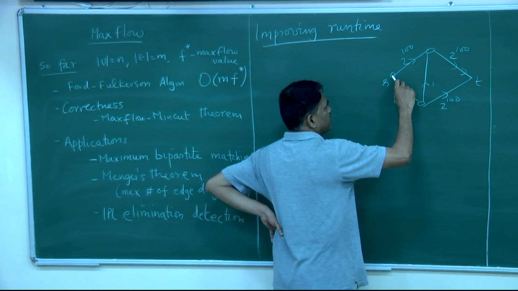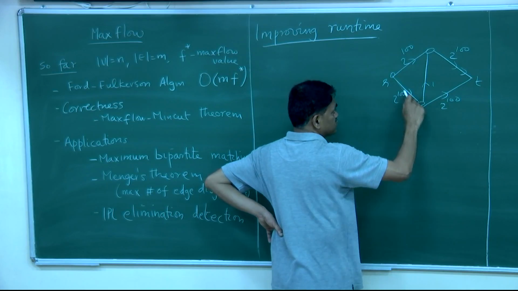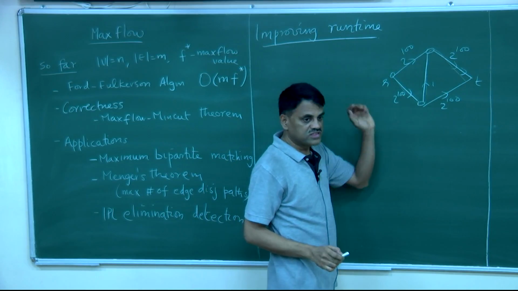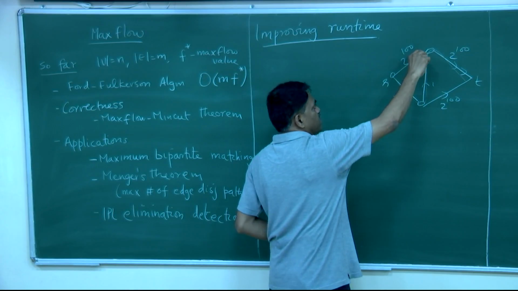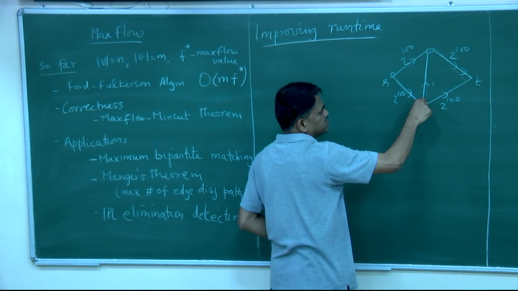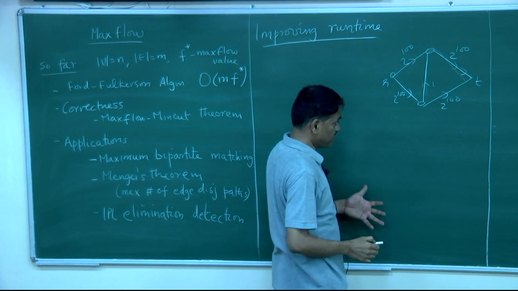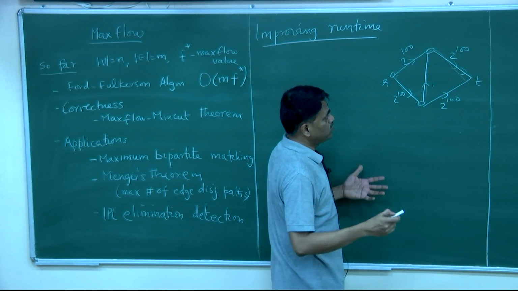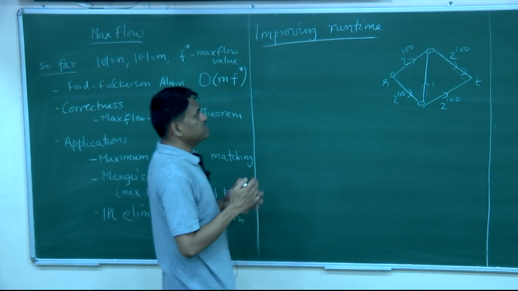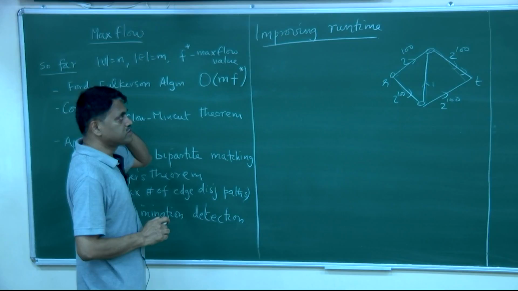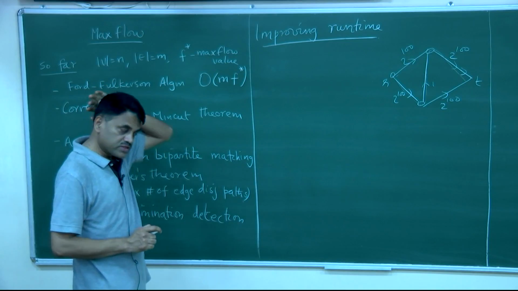But if you're unlucky and your augmenting path chooses this, then your bottleneck capacity is 1 and you will send 1. And then this edge will come to the residual network, so you might augment flow through this, which is again bottlenecked by the capacity of 1, and so on.